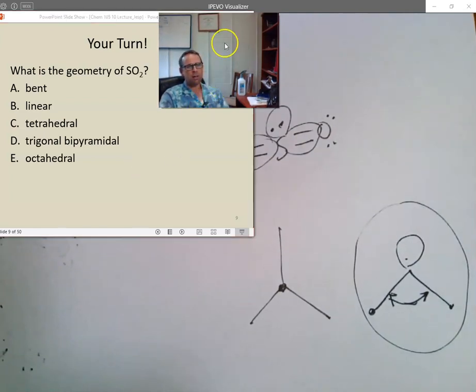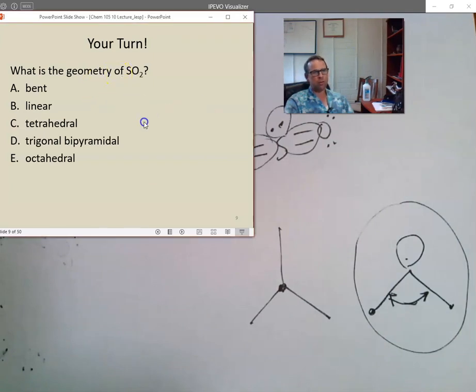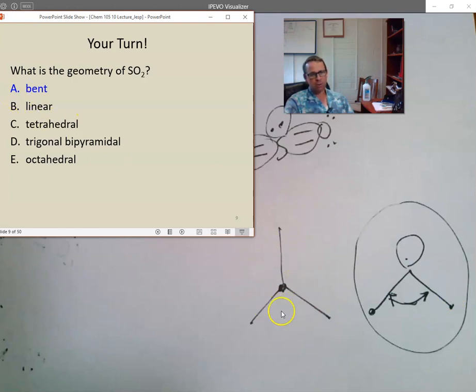So when they say, what is the geometry of SO2, they're asking about the molecular geometry here, which is bent, whereas the electron domain geometry is trigonal planar. So this question should have been cleaned up a little bit.